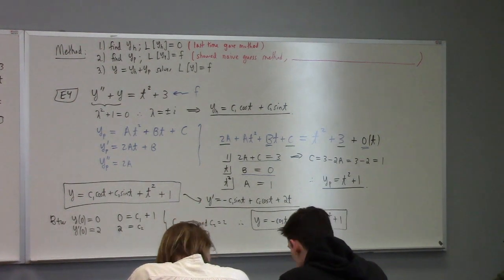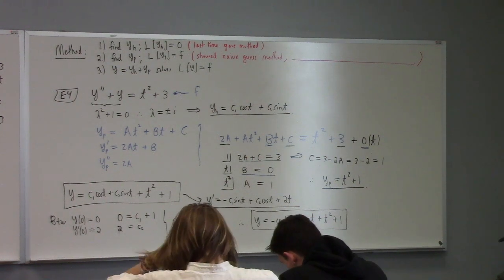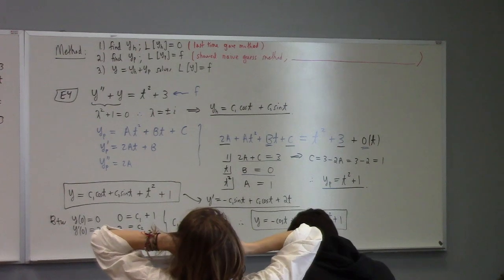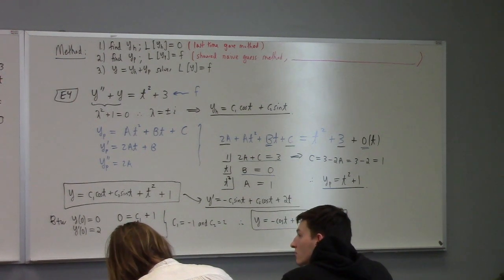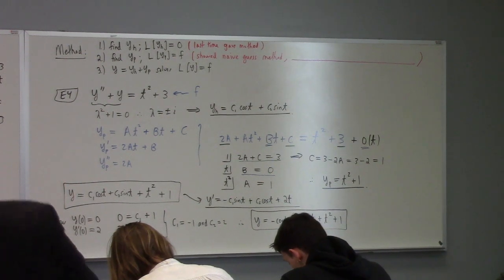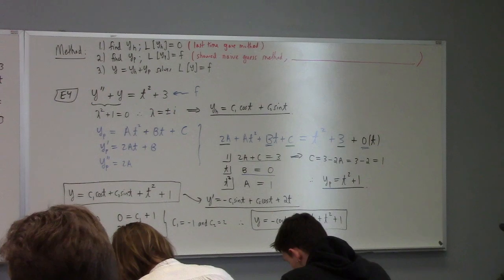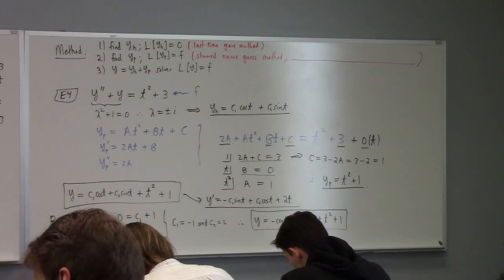So first of all, my homogeneous solution, I've got lambda squared minus 1 equals 0. Therefore, lambda equals plus or minus 1 tells me my homogeneous solution looks like C1 e to the t plus C2 e to the minus t. All right. So far, so good?